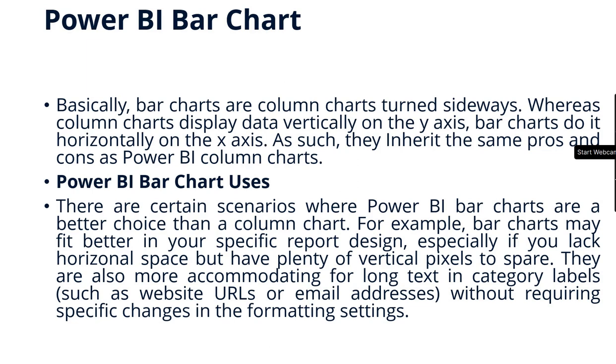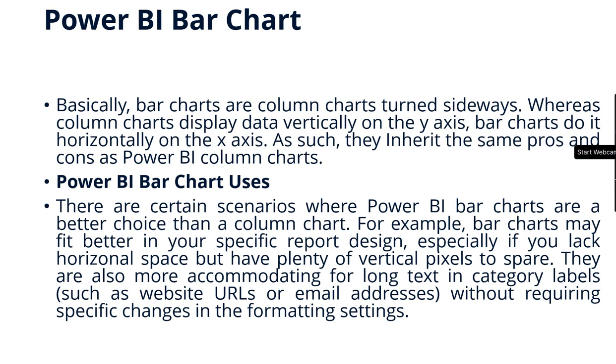Next one is the bar chart. In Power BI, bar charts are column charts turned sideways. Where a column chart displays data vertically, a bar chart does it horizontally. So these are almost similar on different axes. What are the use cases? There are certain scenarios where Power BI bar charts are a better choice than a column chart.